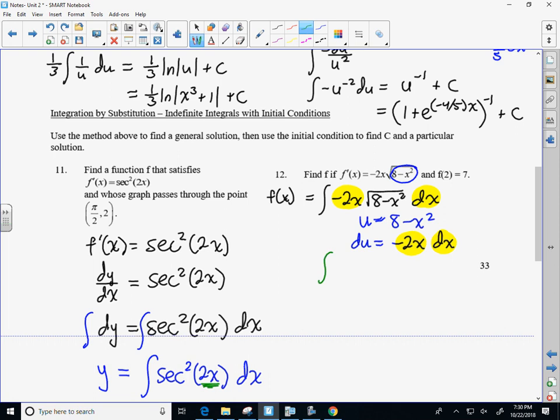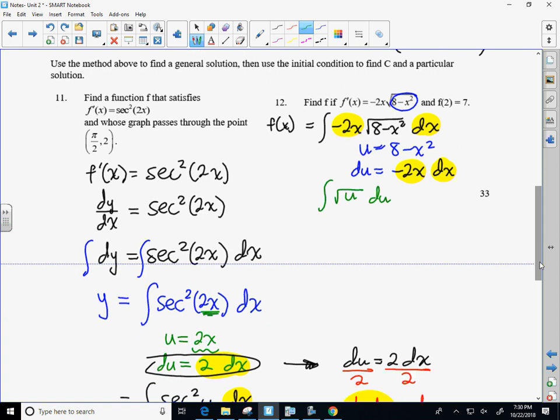So I'm looking at radical u du, which is u to the 1/2, and then integrate. So 2/3 u to the 3/2 plus c.